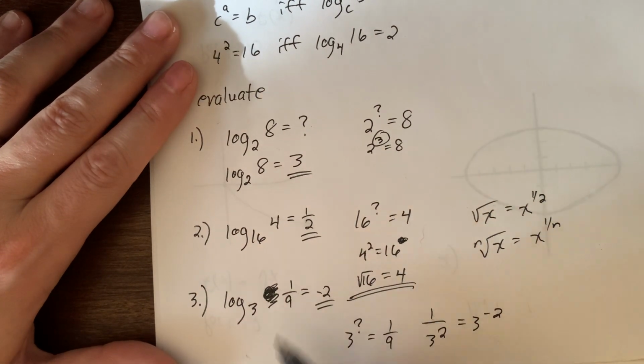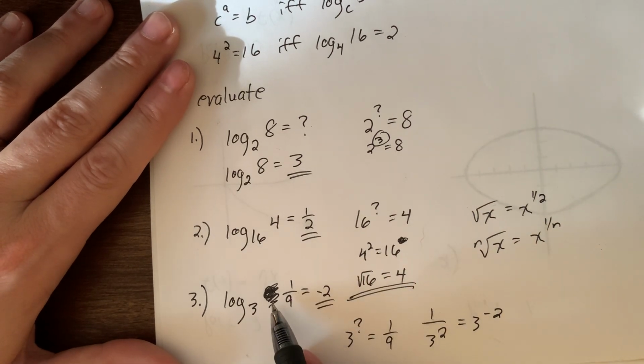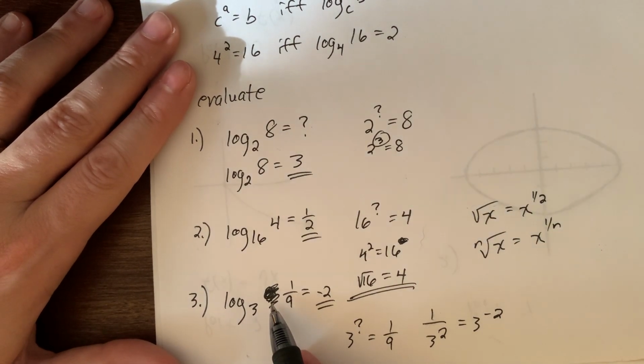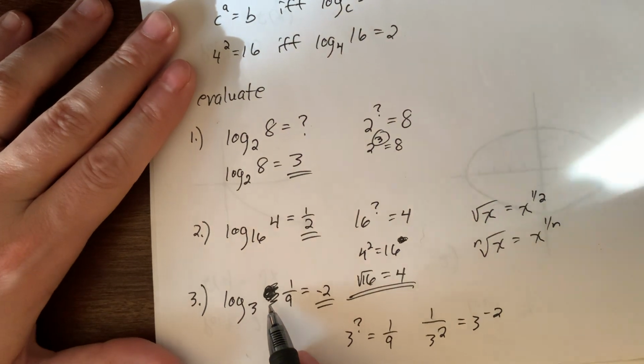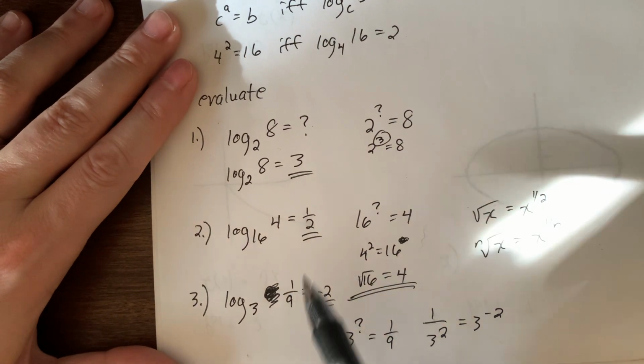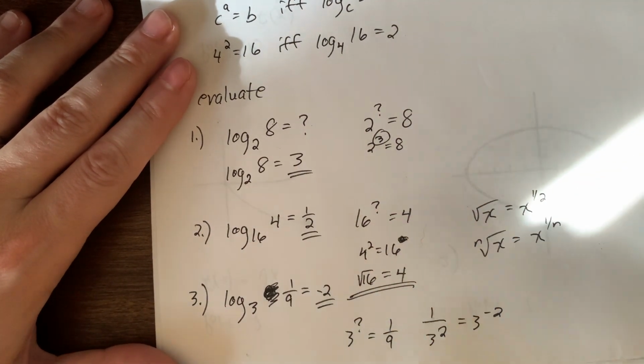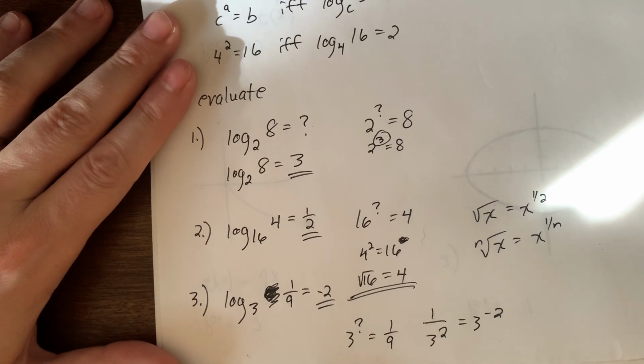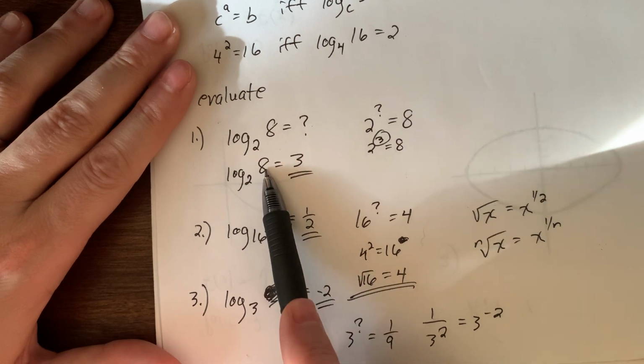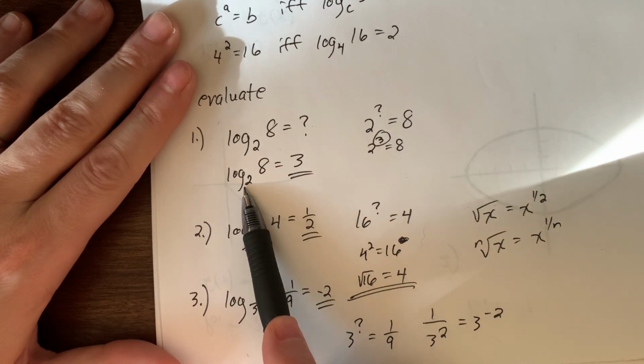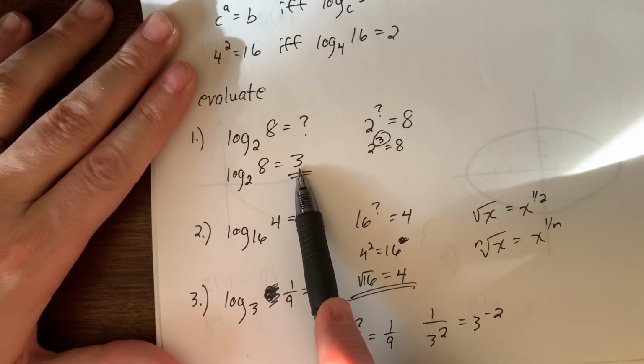Now this is only a few examples. I definitely want to do a few more before we get back to the graphs and start moving on to the higher properties of logarithms. But just as you do this, a lot of people start to get a lot of good ideas. There are not too many coincidences here. If your answer is bigger than your base, that's where we get our typical exponent.